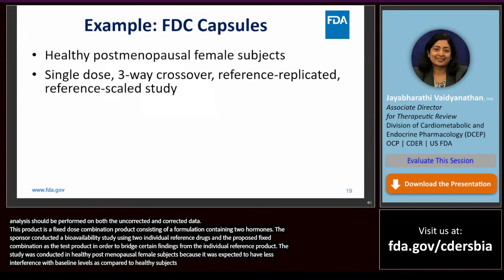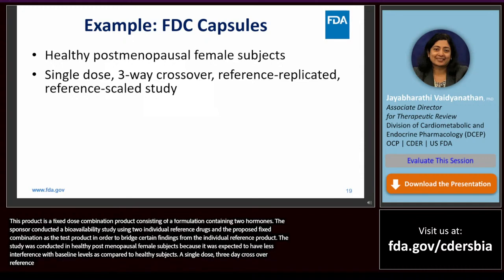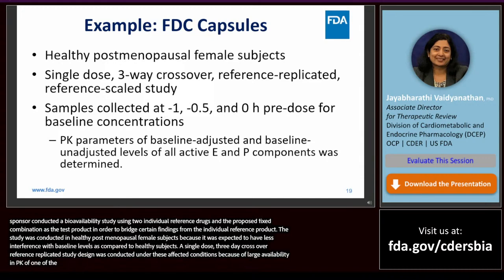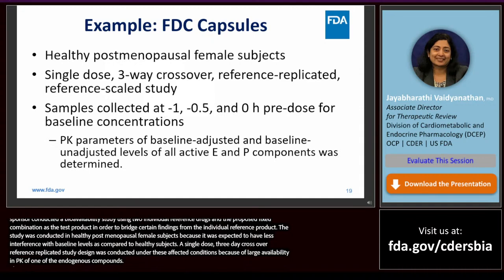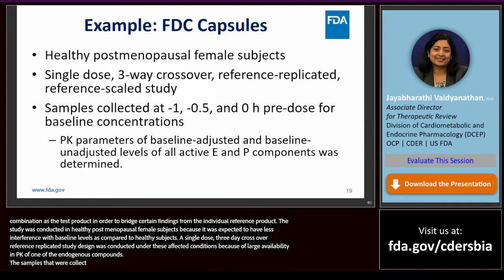A single-dose, three-way crossover reference replicated study design was conducted under fed conditions because of large intrasubject variability in PK of one of the endogenous compounds. Samples were collected at 3 pre-dose time points shown in the slide for baseline corrections.